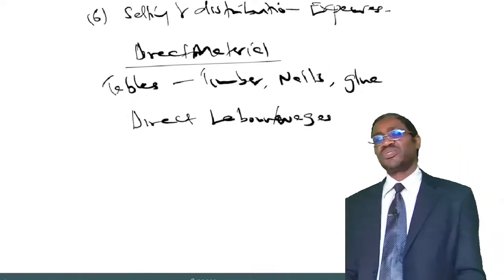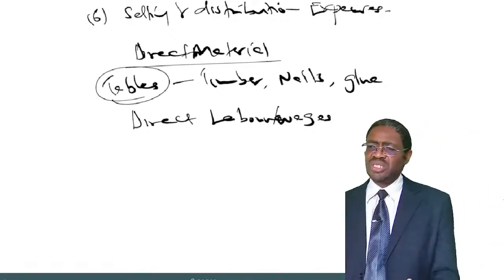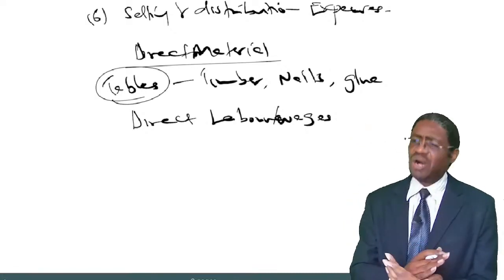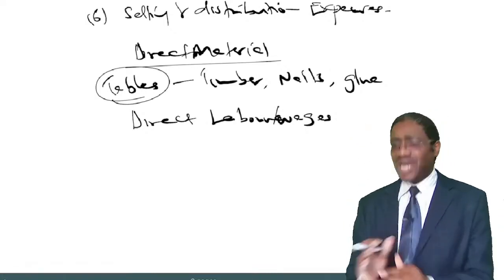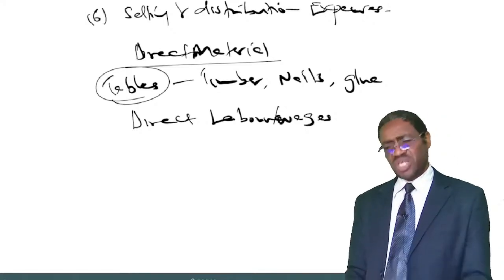For example, in your manufacture of tables, you need somebody who will saw the timber, cut it into pieces, and join the pieces of timber into tables.